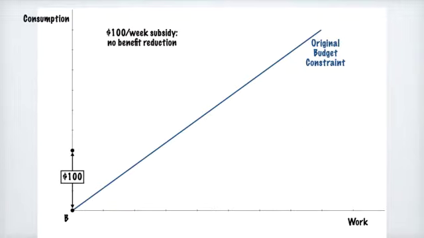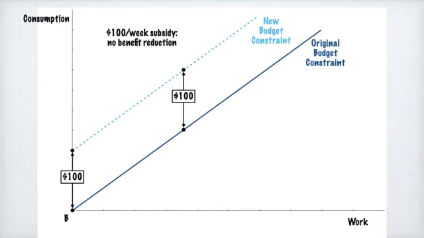So point B gets shifted upward by 100 units. Since there is no benefit reduction, we keep that $100 regardless of how much we work. If we work 5, 10, 15, 20, 30, 40, whatever hours, we still get to keep that $100 benefit. So regardless of the amount of hours we work in a week, our consumption is shifted upward by 100 units.